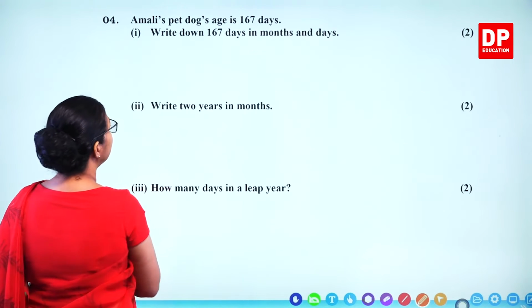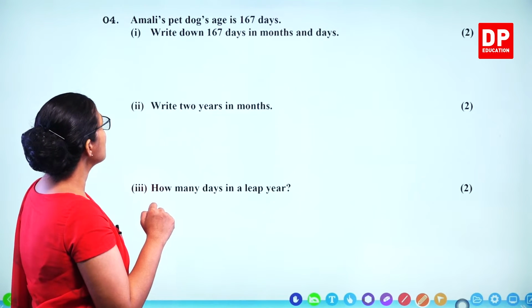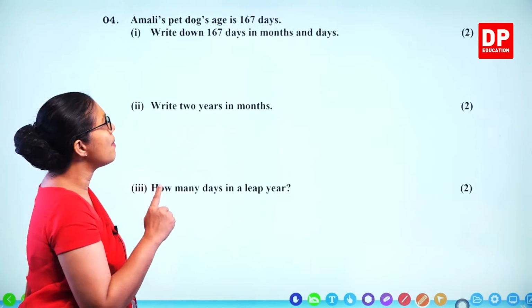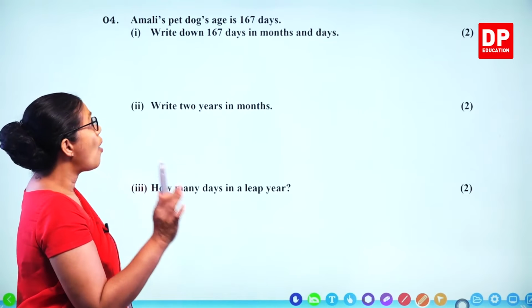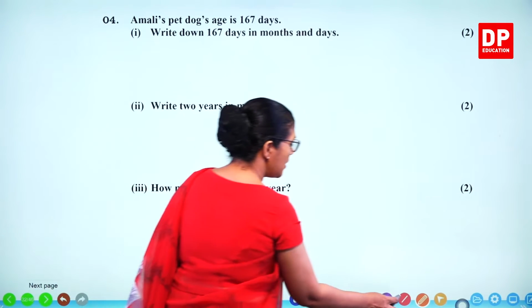5 parts are there. Amali's pet dog's age is 167 days. Write down 167 days in months and days. So how many months? 30 days we take as 1 month.